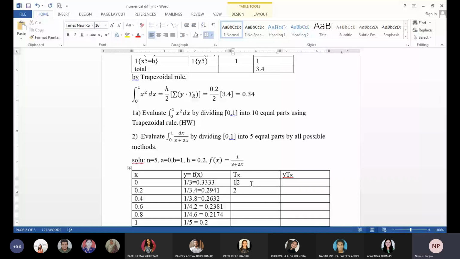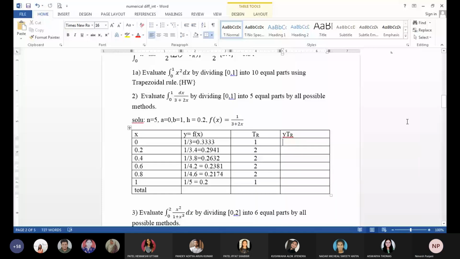The pattern now: it is the trapezoidal rule, so the first and last will be 1, and all the rest will be 2. So find out YTR and the summation of YTR.